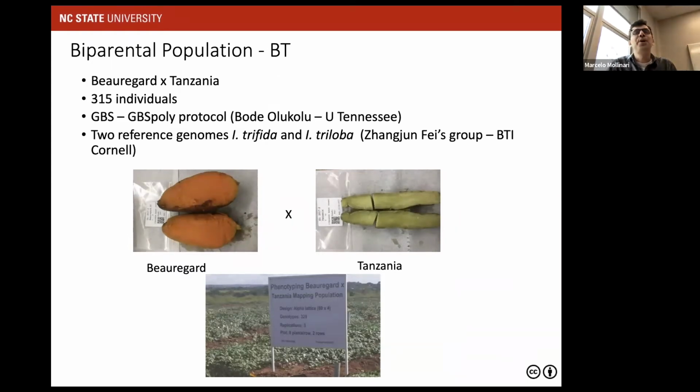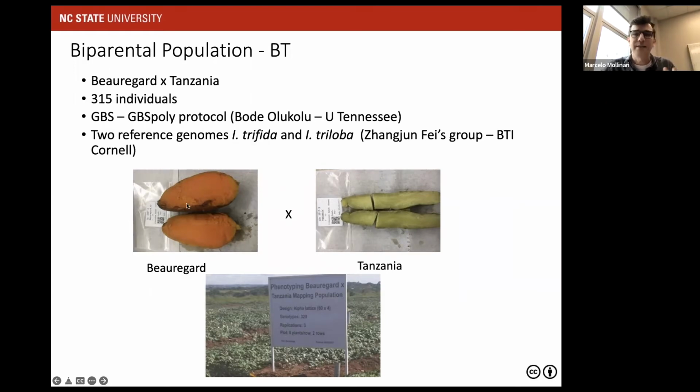This is a beautiful population with a beautiful data set, right? And kudos to Bode Olukolu. I've never worked with such a great data set. And also we have two very, very nice reference genomes, diploid genomes. We have these two parents, Beauregard and Tanzania.